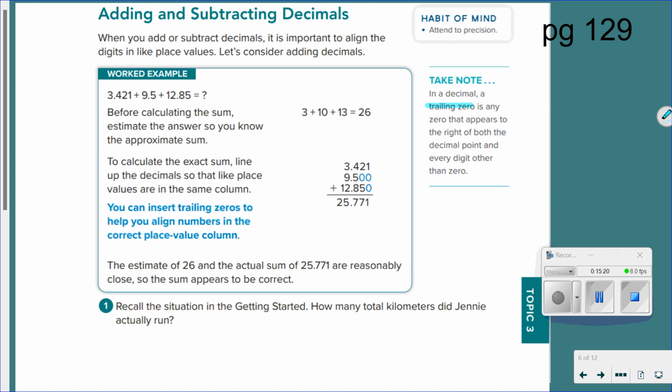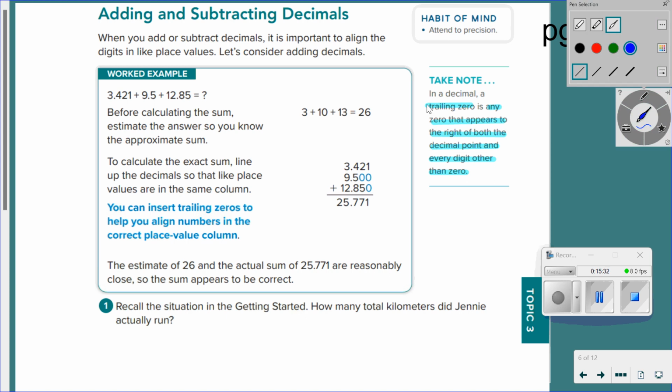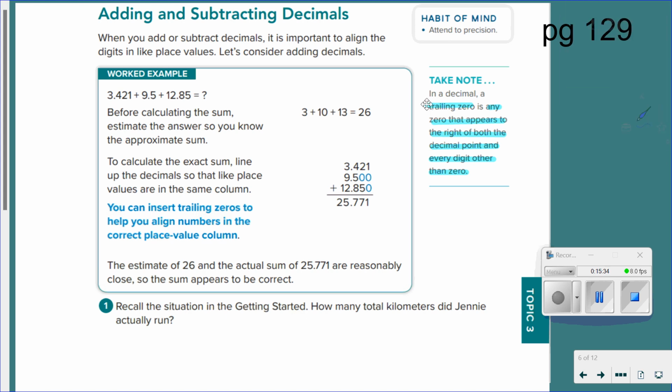A trailing zero is any zero that appears to the right of both the decimal point and every digit other than zero. Wait, that's on our vocab sheet. Yes, that's why I said you should have your vocab sheet out. We're giving you the first term. Good job, Lucas, actually paying attention.